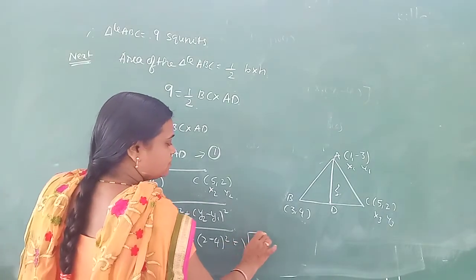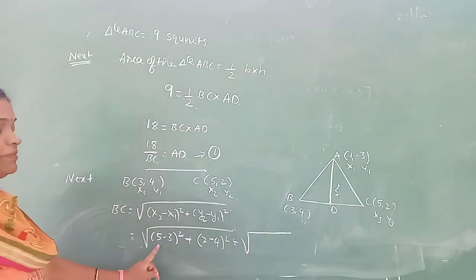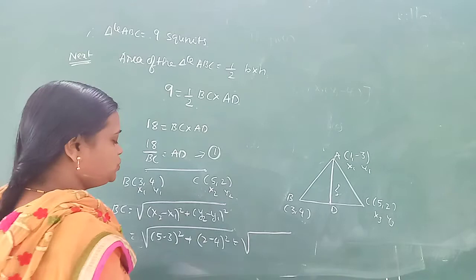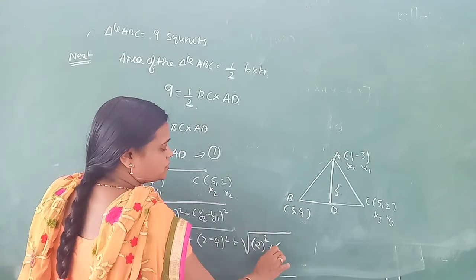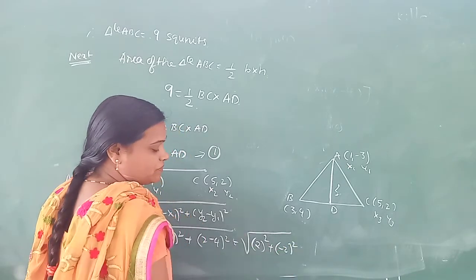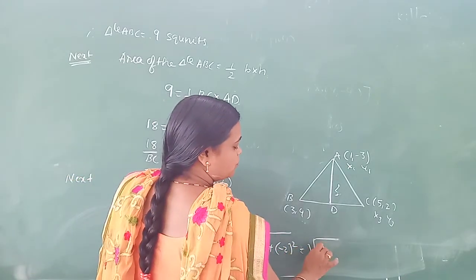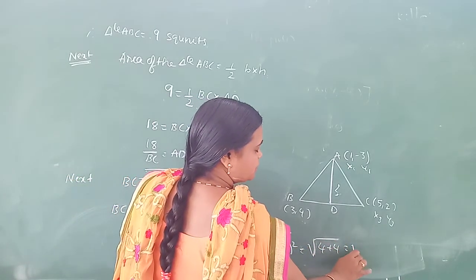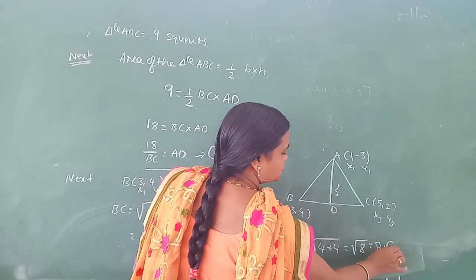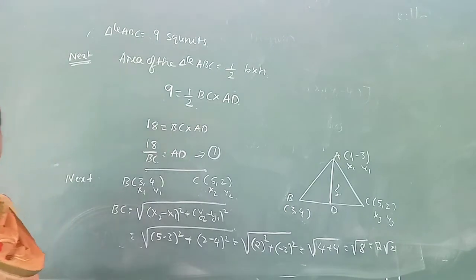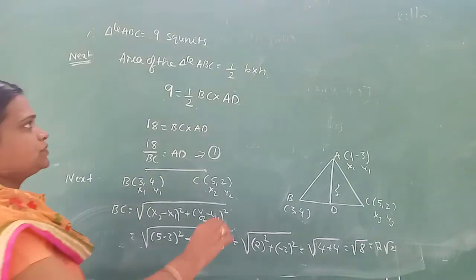Now we get, see, 5 minus 3 is 2, 2 square plus (2 minus 4) square. We get root of 4 plus 4, we get root 8. Root 8 can be written as 2 root 2. Okay.